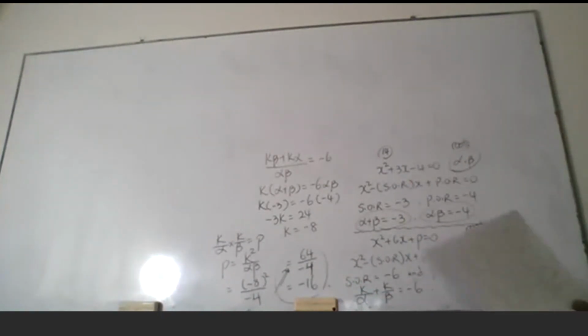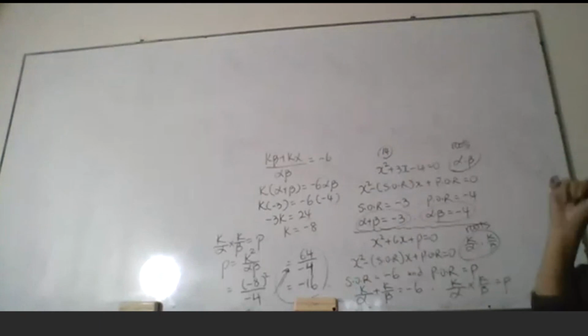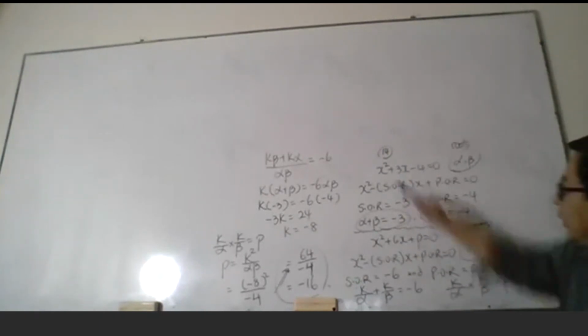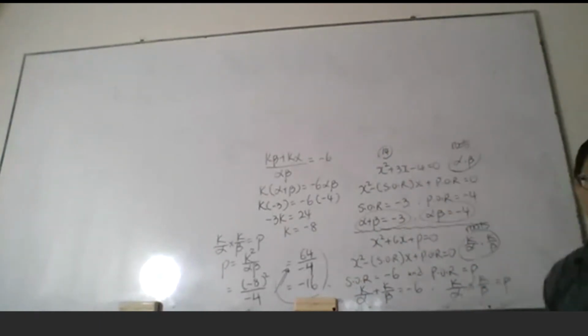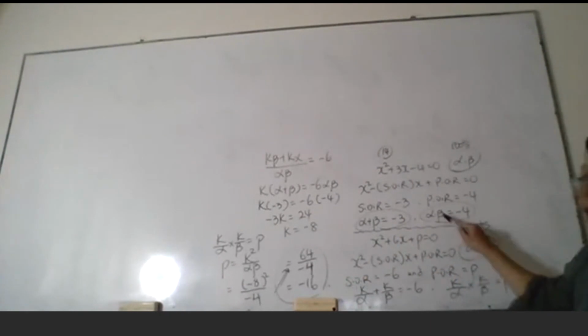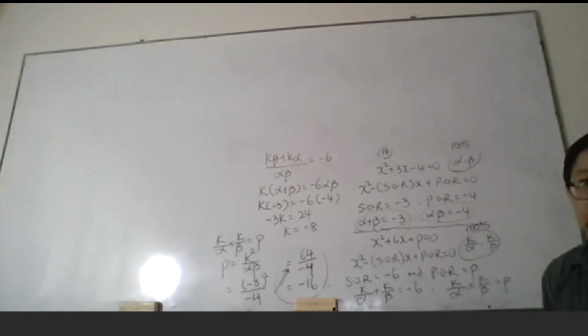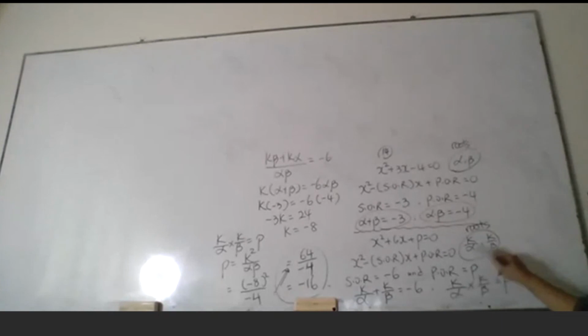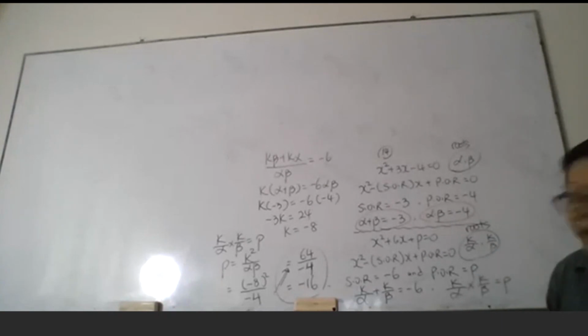So students, please jot down your solution. Number one, we're using the first equation to find alpha plus beta and alpha times beta, because the roots are alpha and beta. For another quadratic equation, they give you k over alpha and k over beta, so we are using the same technique.